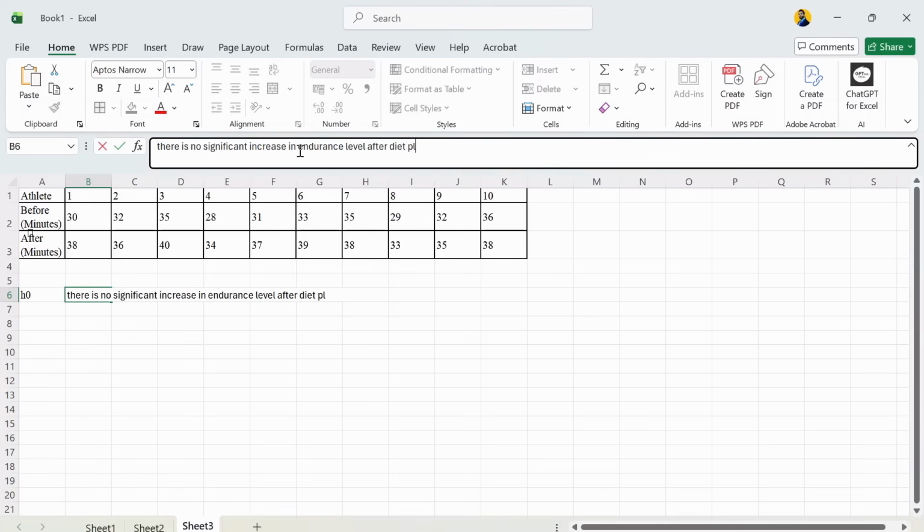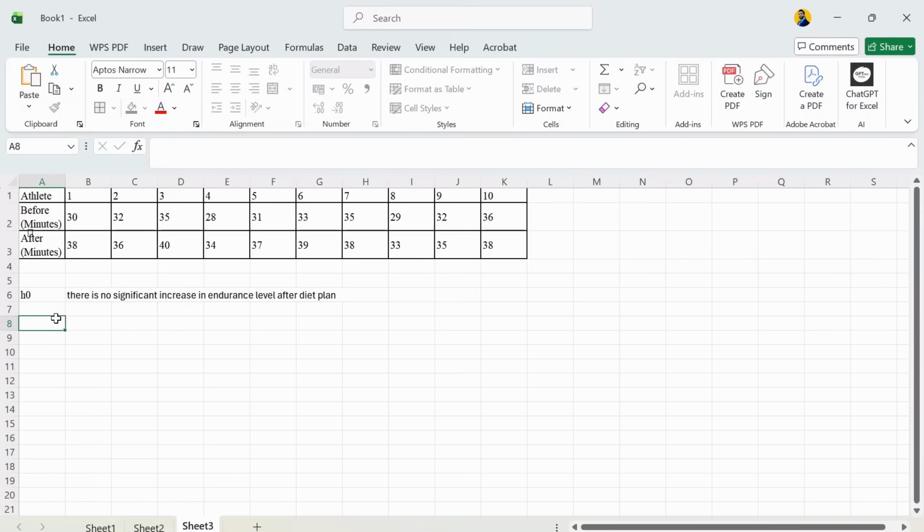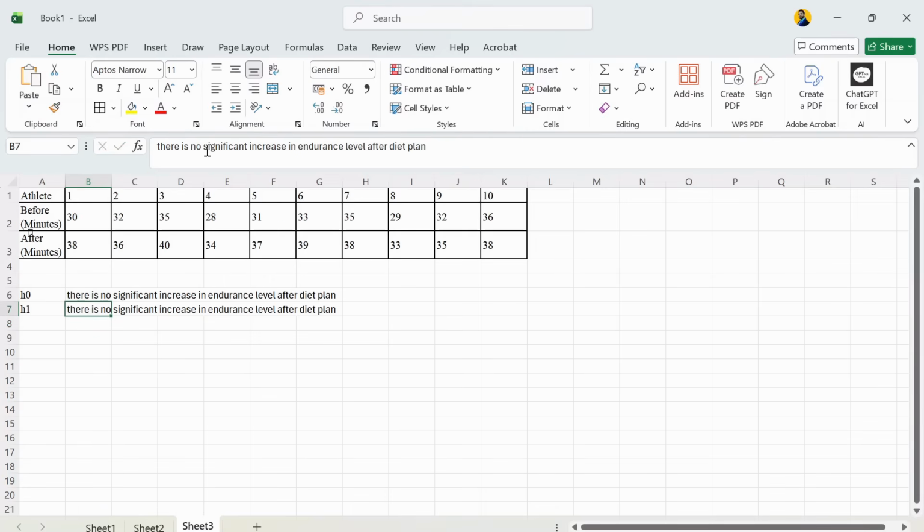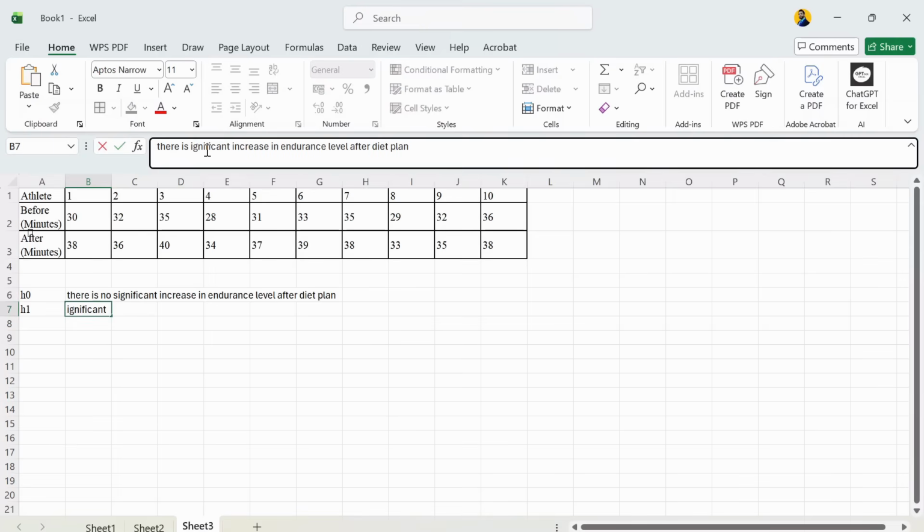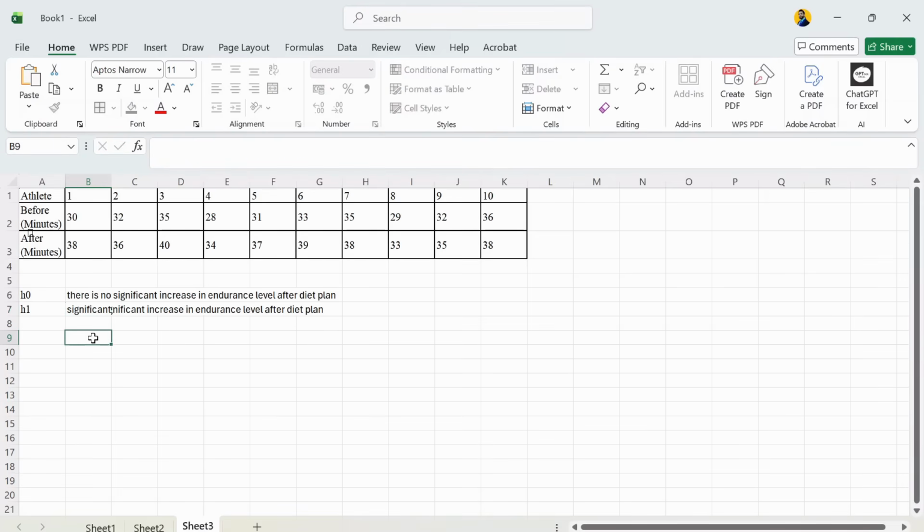Similarly, we go with the alternative hypothesis, H1, where we just remove the 'no' from this. So there is a significant increase in endurance level after the diet plan. So these are our null hypothesis and alternative hypothesis.